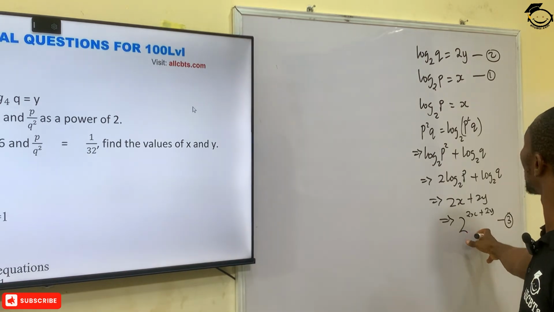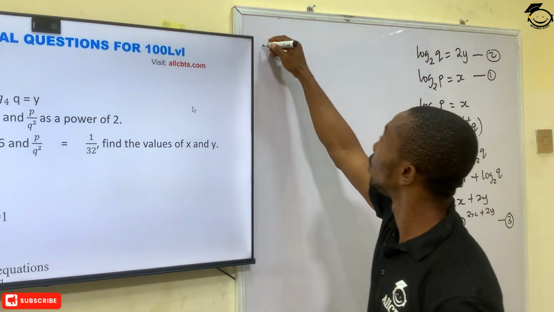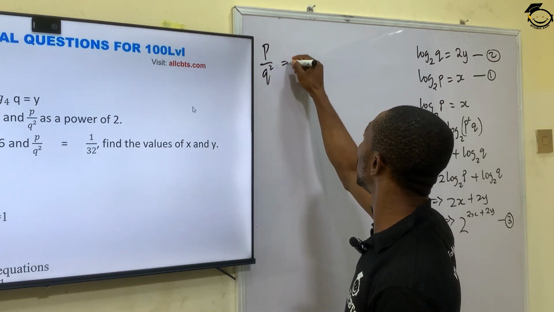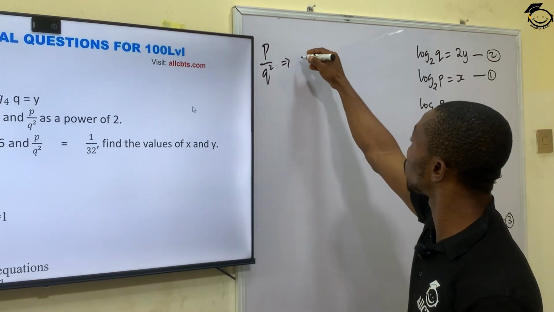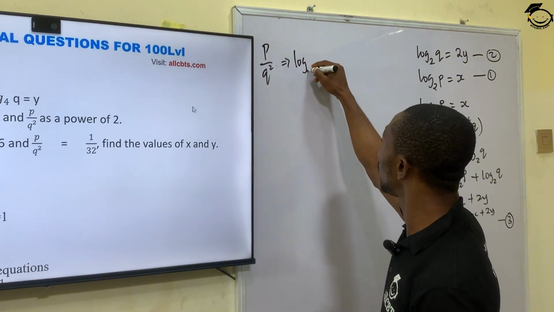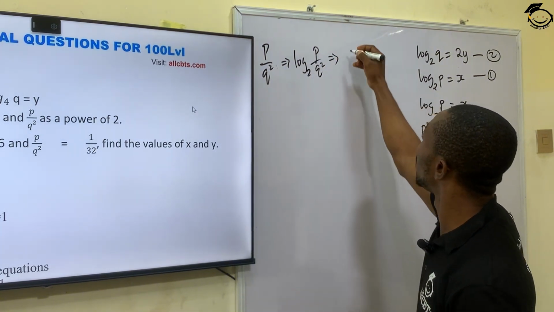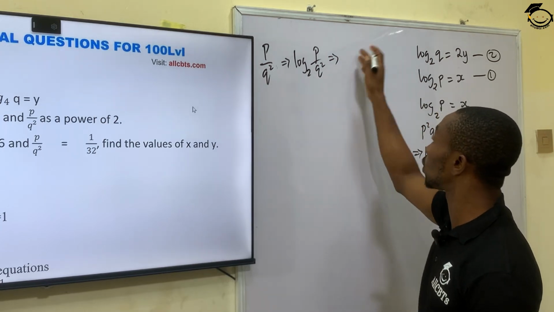Having this as our equation 3, our next one says p over q squared as a power of 2. From here, this will give us log₂ p over q squared. Separating them, we know that in our laws of logarithm, division is subtraction.